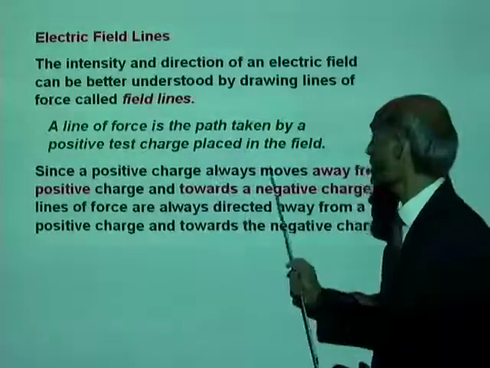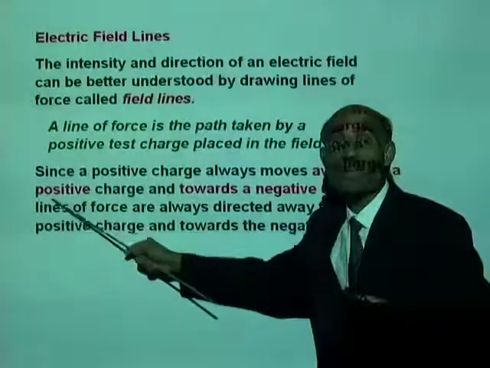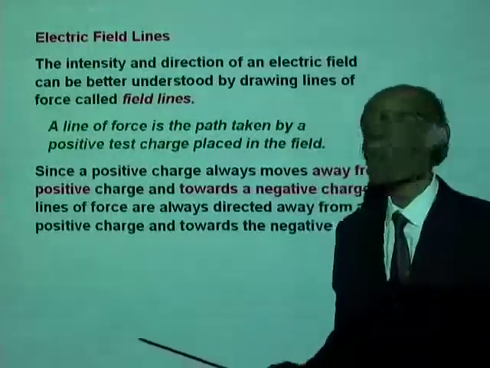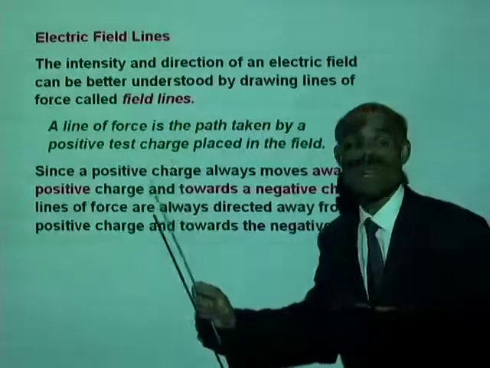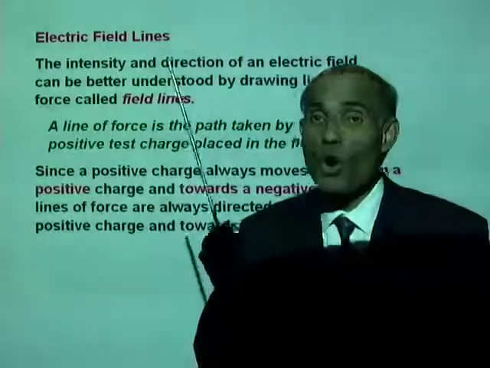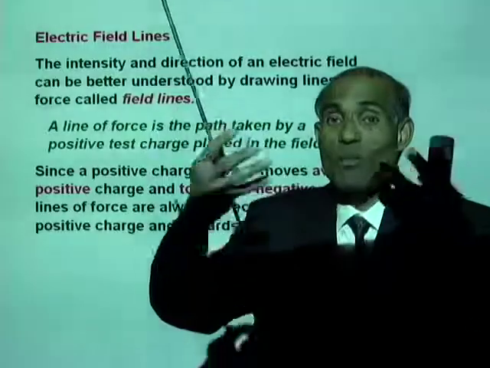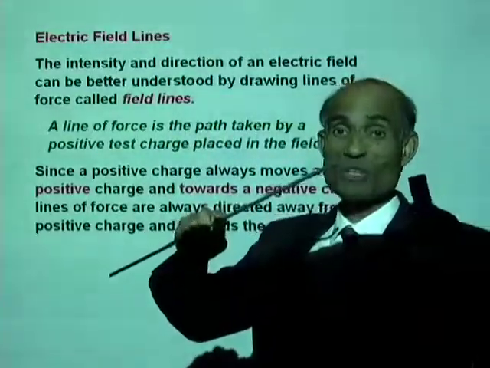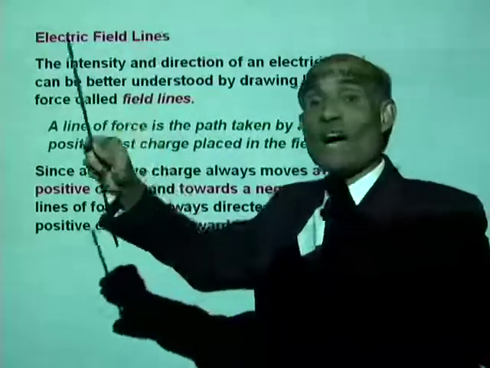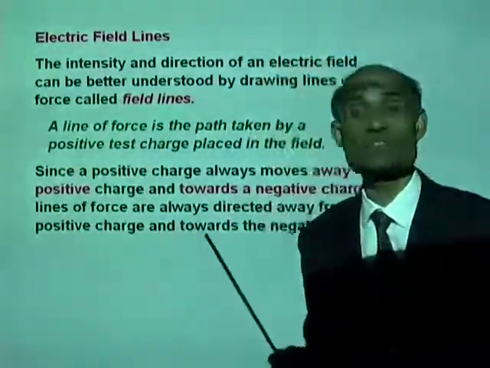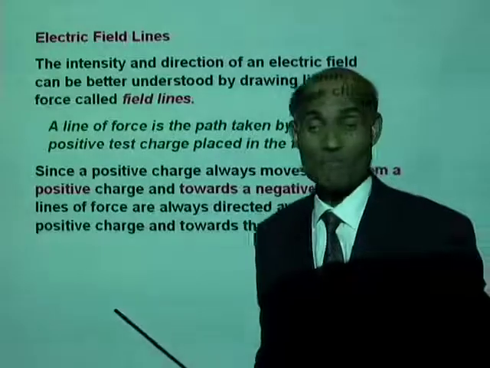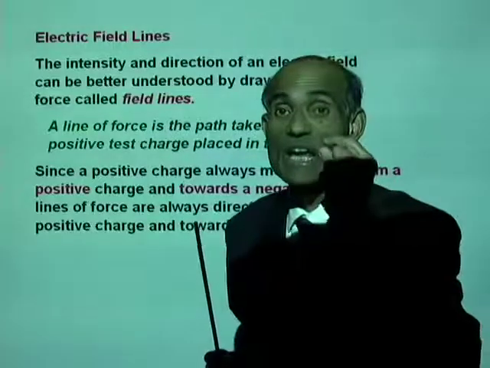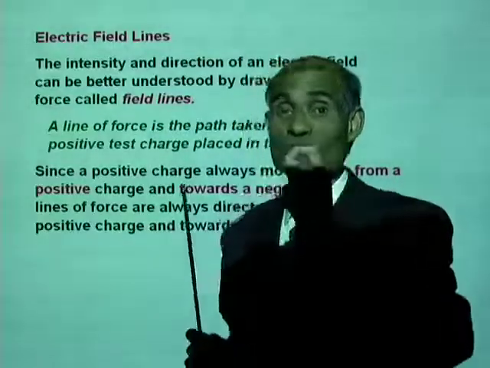Since a positive charge always moves away from a positive charge and towards the negative charge, the field lines will always originate at a positive charge. Is that right? Lines will be starting at a positive, going away from it and going towards a negative charge. Did you understand that? A line of force is the path taken by a unit positive test charge.